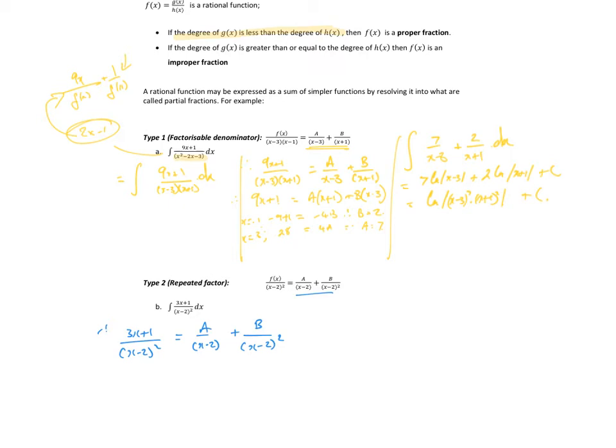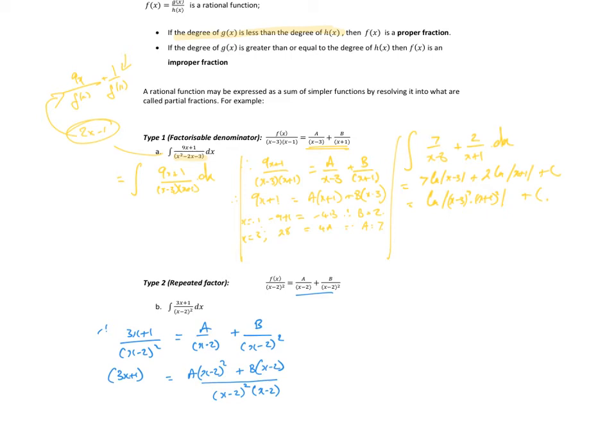So if I cross multiply, I'm going to get 3x plus 1 is equal to a over x minus 2 all over x minus 2 squared, times x minus 2.